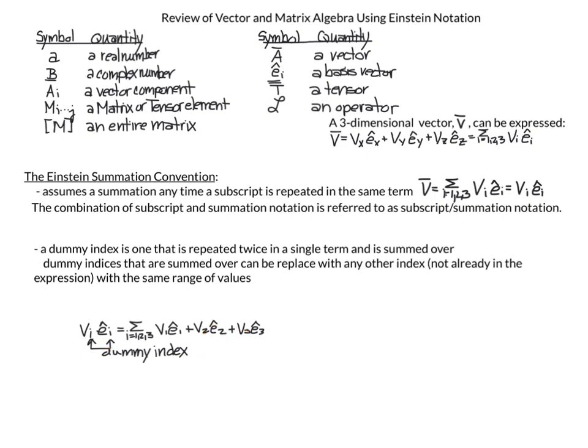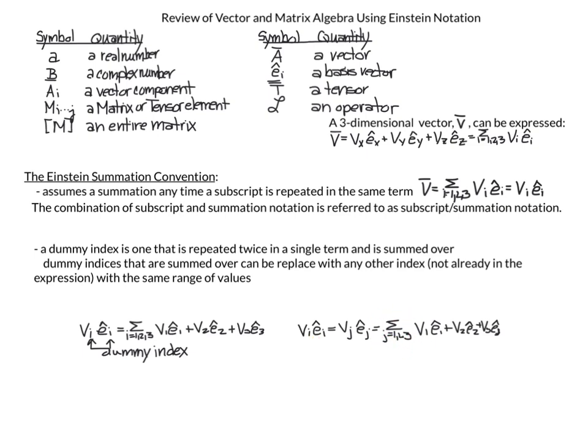For our dummy indices that are summed over, they can be replaced with any other index not already in the expression with the same range of values. So if j also goes from 1 to 3, and j is not already in this expression, because you don't want to mess up by reusing an index if it's already there, we can replace i with j, and that's just fine.